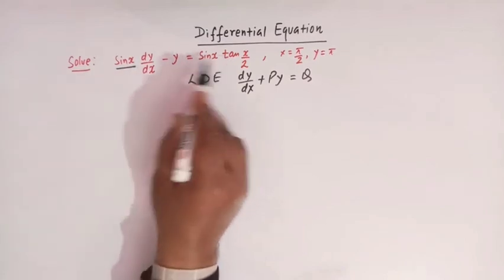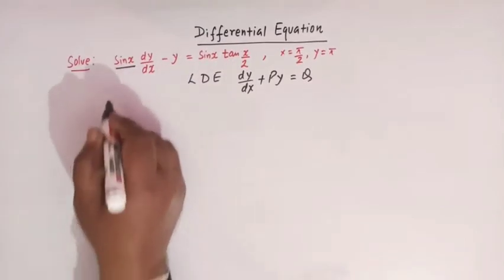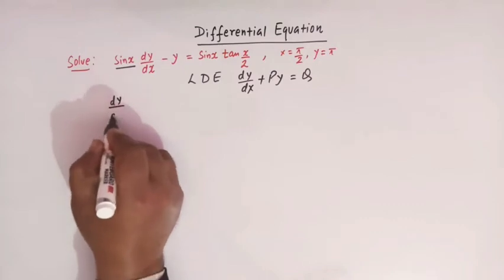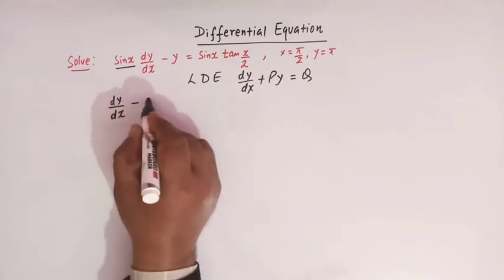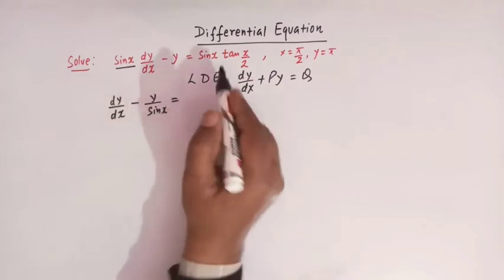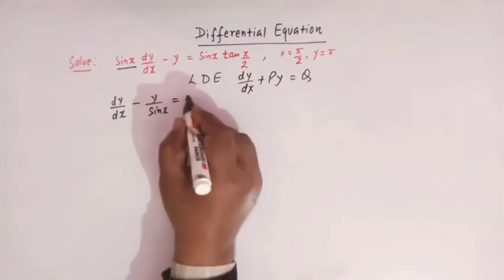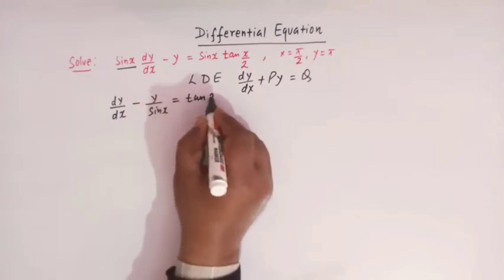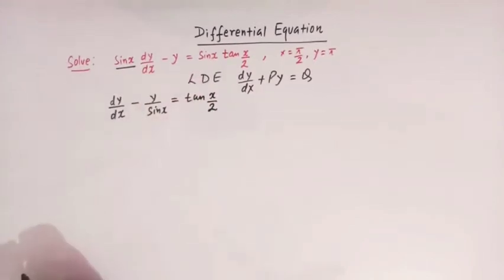Dividing throughout by sin x, we have dy/dx minus y over sin x, and here sin x gets cancelled, so we have tan(x/2).